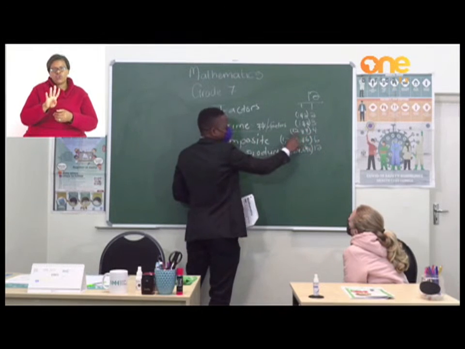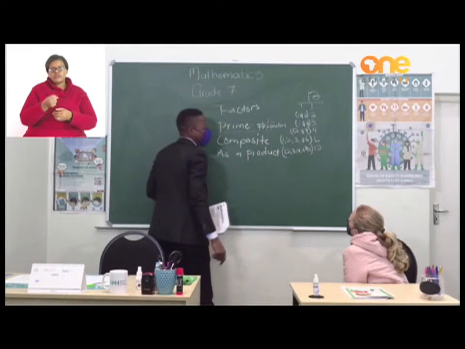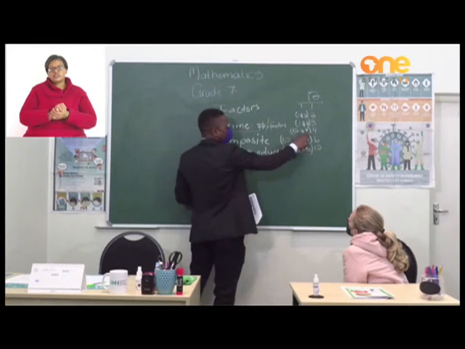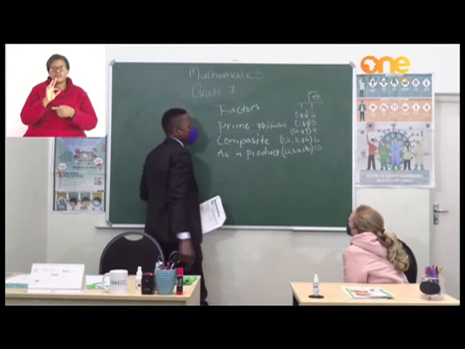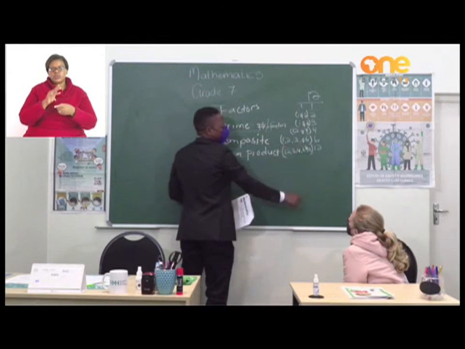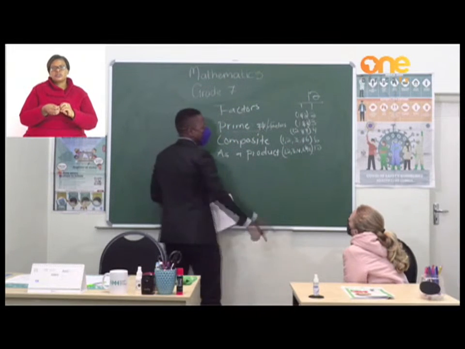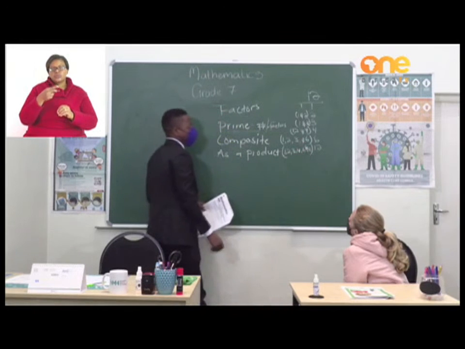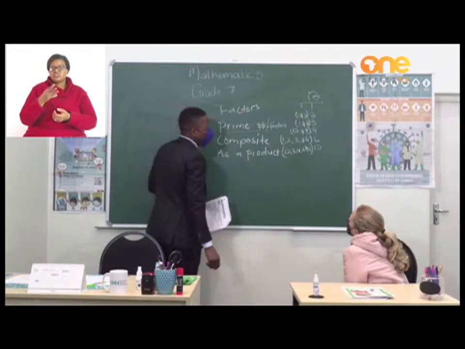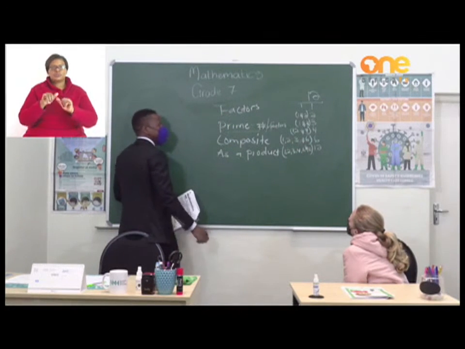3 has two factors, so 3 is a prime factor of 12. 4 has three factors, meaning 4 cannot be a prime number. 6 has more than two factors, so it is not a prime number. And 12 is the same, it cannot be a prime number or a prime factor.